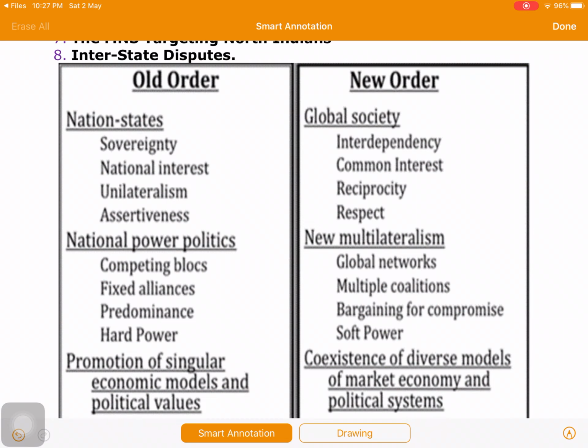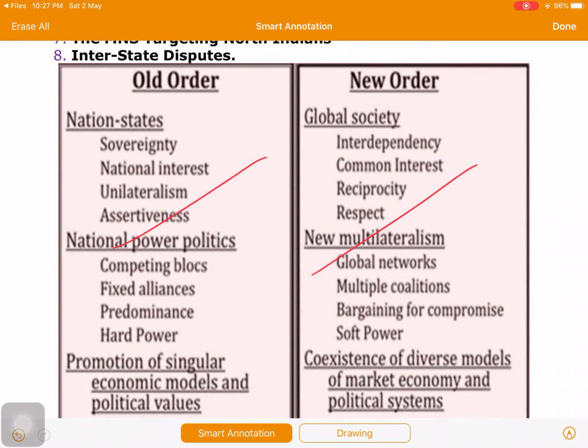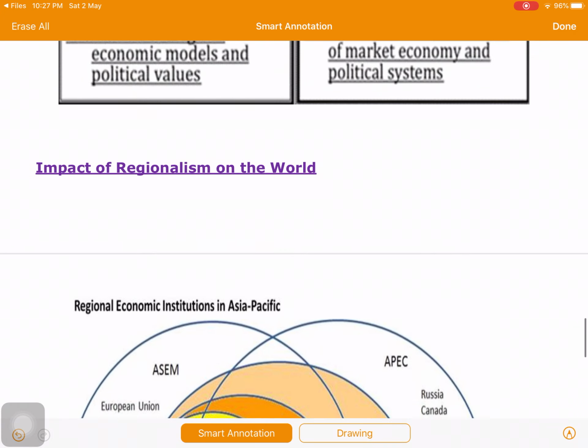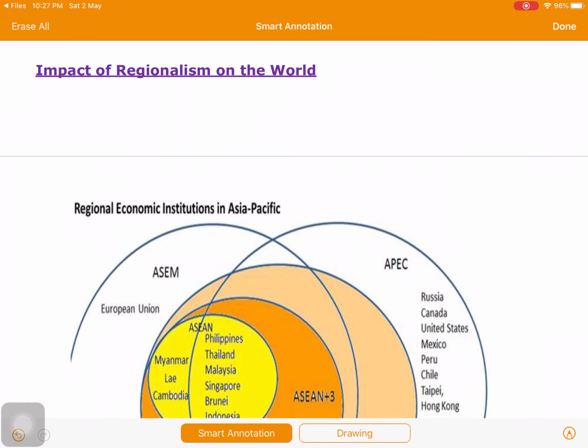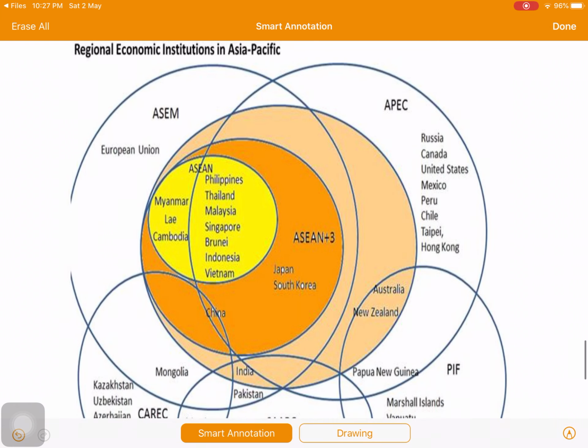And this diagram clearly shows how the previous and the new ones come into the picture. As part of the impact of regionalism in the world, the role of India in that is also very important to understand, and that is what this diagram is talking about.